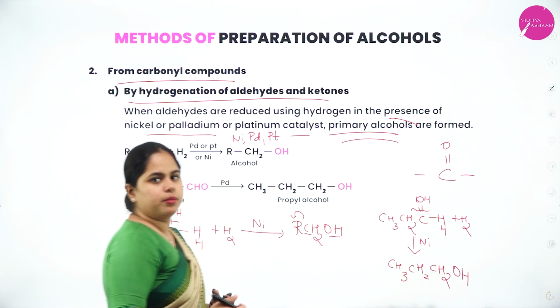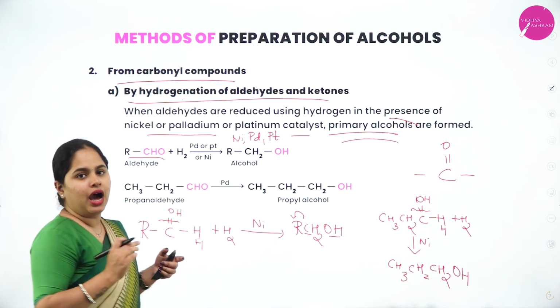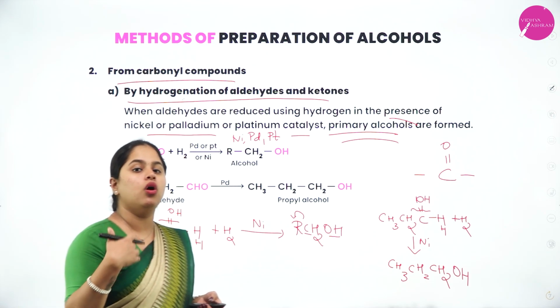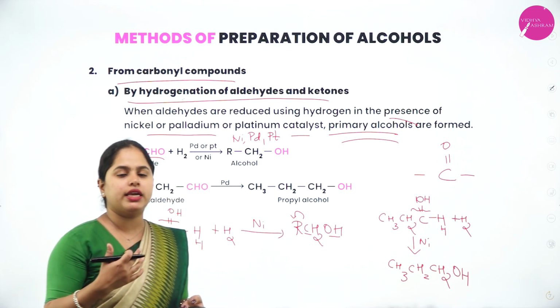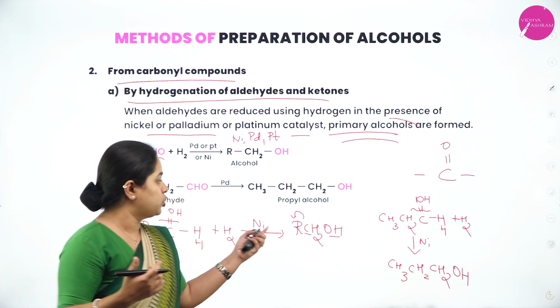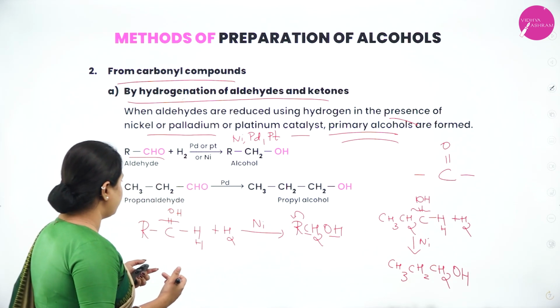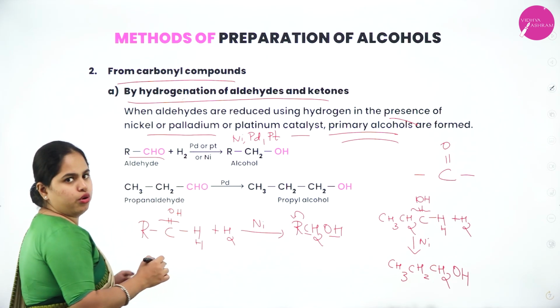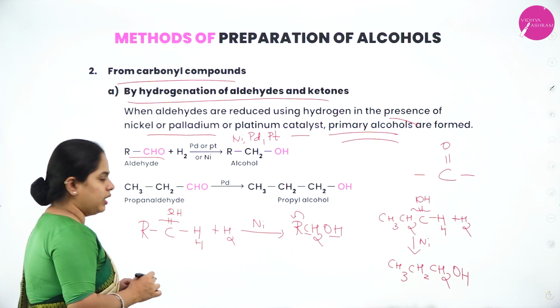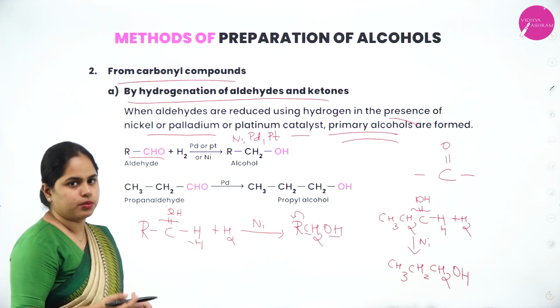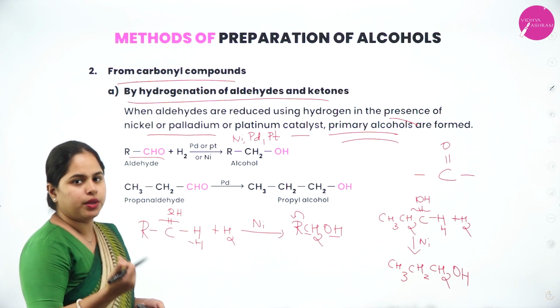Again this is a primary alcohol that you get from aldehydes. So aldehydes undergo hydrogenation in presence of nickel, palladium, or platinum catalyst to give primary alcohol. You just have to remember, across this double bond, you have to add one hydrogen here and one hydrogen to the adjacent atom. So you are going to get the corresponding primary alcohol.